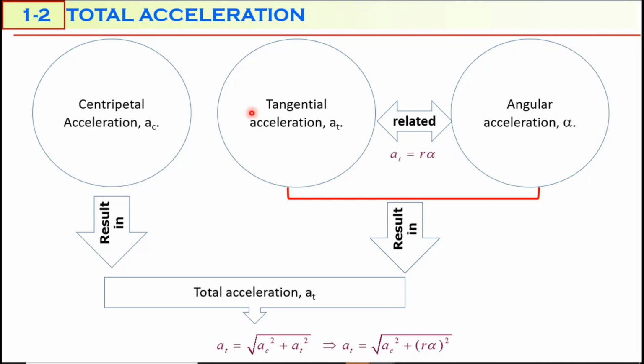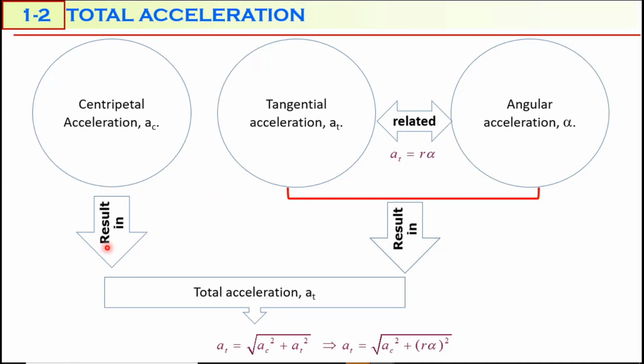But these two accelerations are from the same cause: speeding up or slowing down along the circular path. And in the last lesson, we learned a new but completely different nature of acceleration, which is called centripetal acceleration. This centripetal acceleration is because of the change in direction of motion.